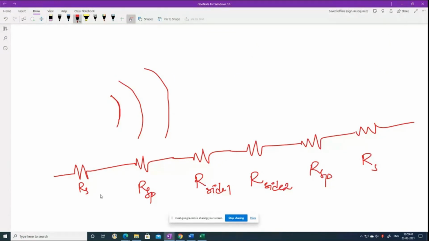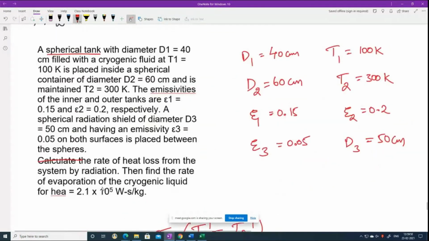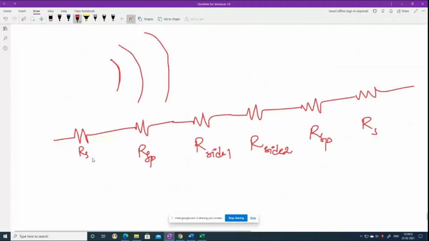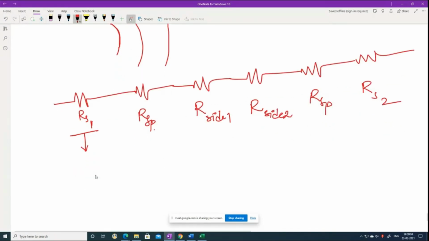So let me call 1 on this side, 2 on this side, and then this is space. So what will be the formula for this one? Tell me. Space, what is the formula? Please speak out. 1 by A1 F1.